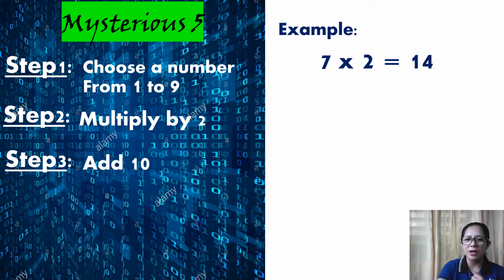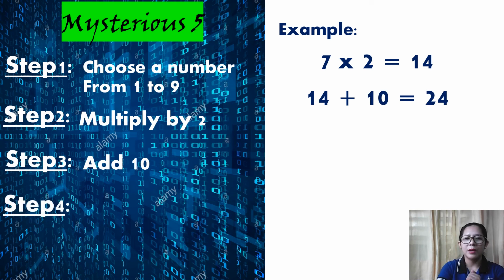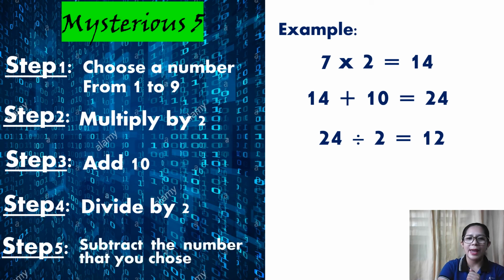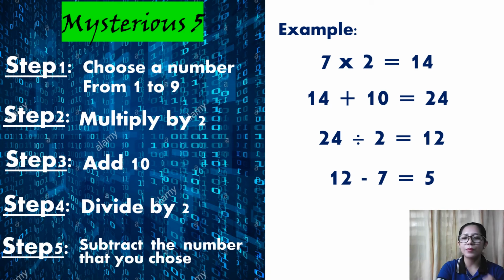Step 3, add 10. So for my example, 14 plus 10 is 24. Step 4, divide it by 2. So 24 divided by 2 is 12. And lastly, subtract the number that you have chosen. So since I chose 7, I will subtract 7 from 12.